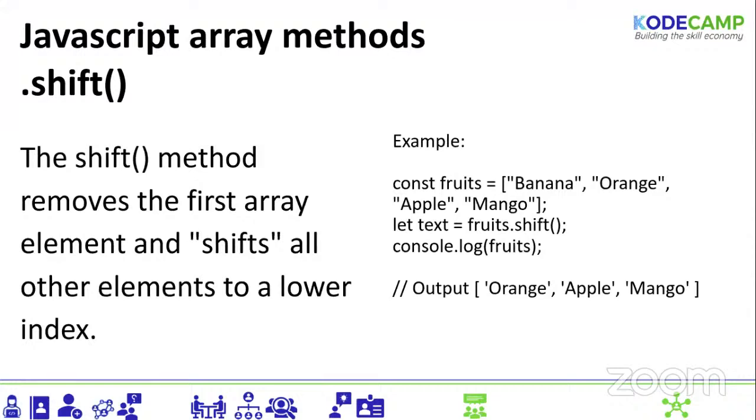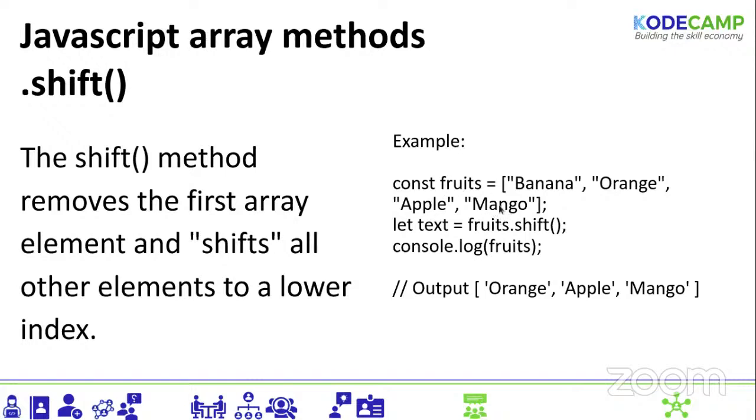Then we talk about using the shift method. Shift removes the first element in an array, and then it shifts all other elements to a lower index. So if you notice here, we have banana, orange, apple, and mango, and we do fruit.shift. Fruit.shift is going to remove banana, then shift orange to banana's index, apple to orange's index, then mango to apple's index.